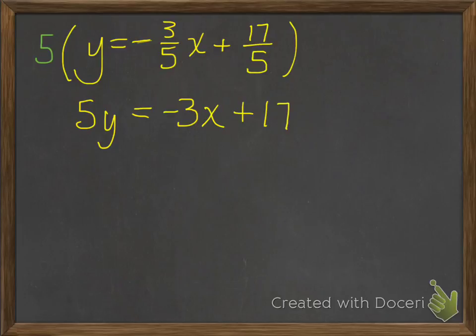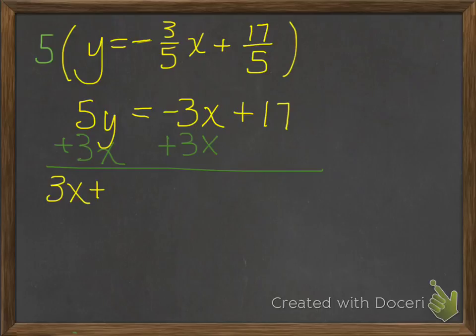Now I'm going to add 3x to both sides of that equation. And then I'm left with 3x plus 5y is equal to 17.